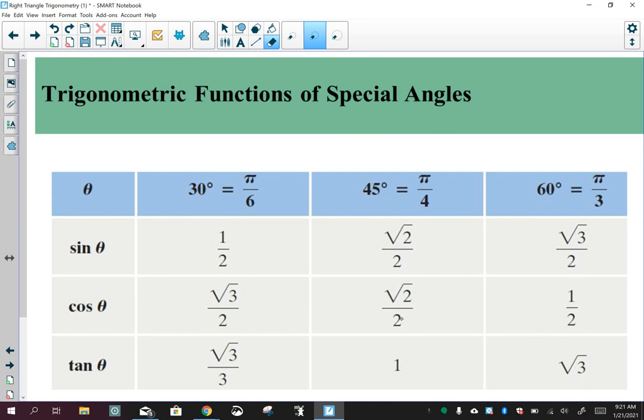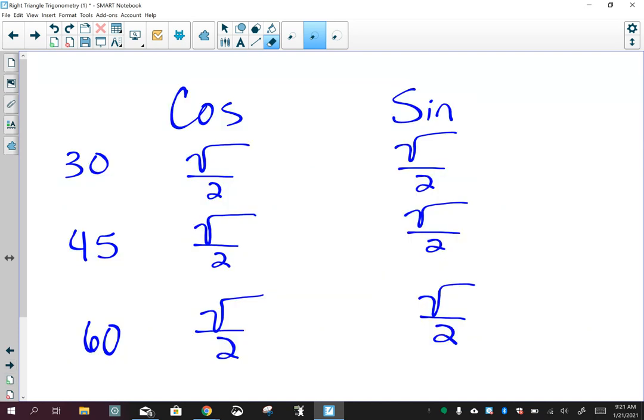So if you notice everything here, including this, because this is really 2 over 2, but we're only talking about sine and cosine, so I'm not really worried about tangent. But if you look at your sine and cosine here, everything is over 2. And then if you notice, it's 1, 2, 3. So if you take a look at this, you'll be able to look at these and be able to figure this out.